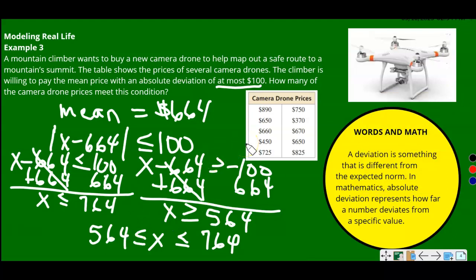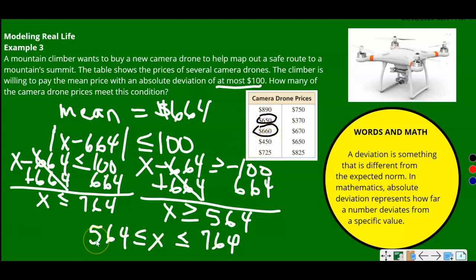The first number is 890. Is it in between these two numbers? No, so that would not be one that you would choose. 650 does fall in between 564 and 764. 660 also falls in between those.